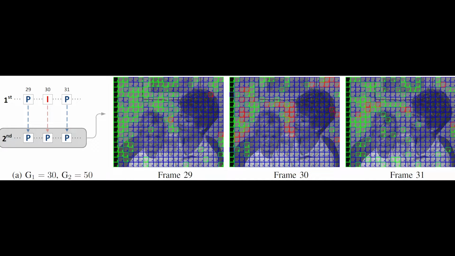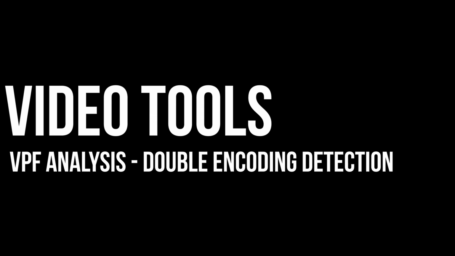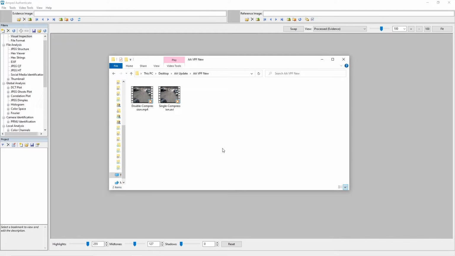So let's jump into Authenticate, take a look at how this tool detects these I macro blocks and how it then reports the analysis and how we can determine whether a video has been encoded once or twice. Okay, so I'm going to start off with these two video files here.